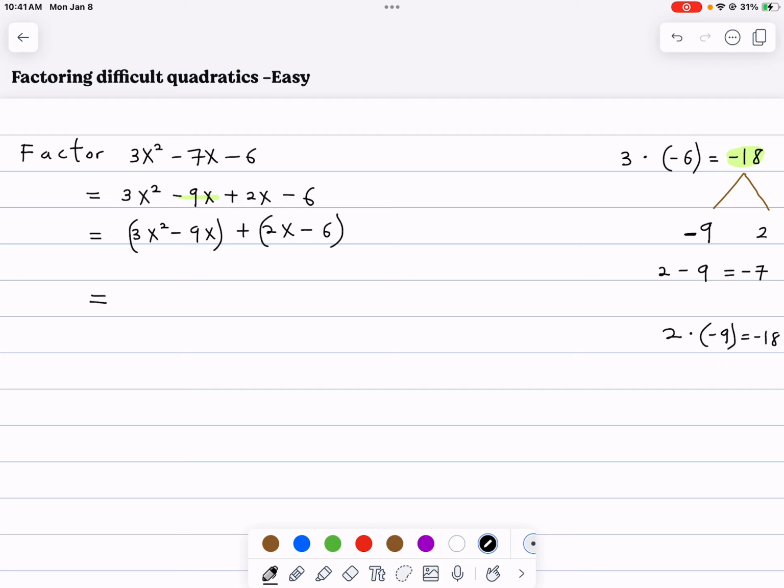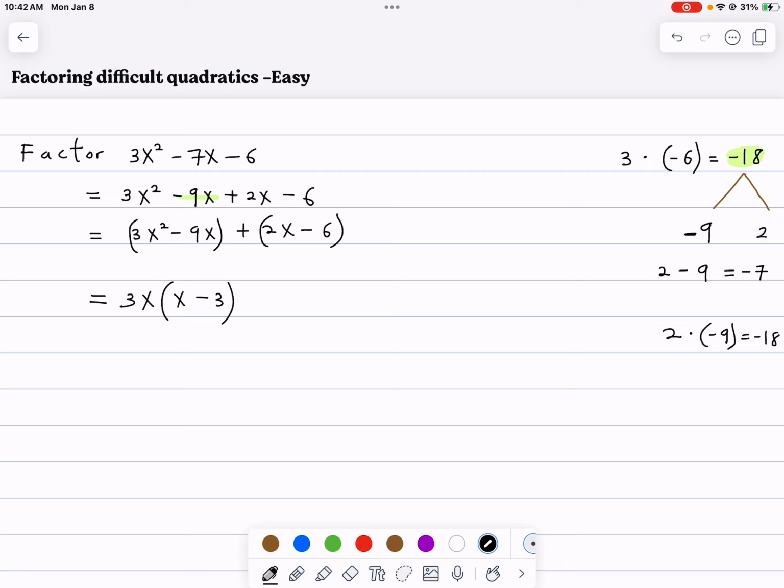So what is common between 3x squared and minus 9x? 3 is common and x is common. So I'll be left with what? I'll be left with x minus 3, right? And you can always check. If I multiply 3x times x, I will get 3x squared. And if I multiply 3x times minus 3, I'll get minus 9x.